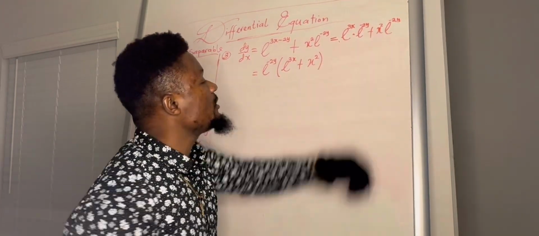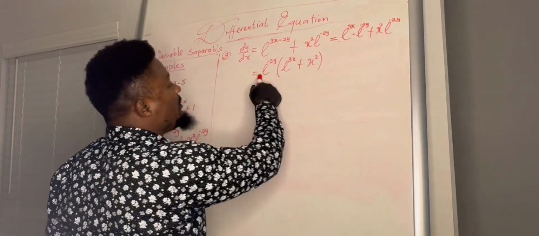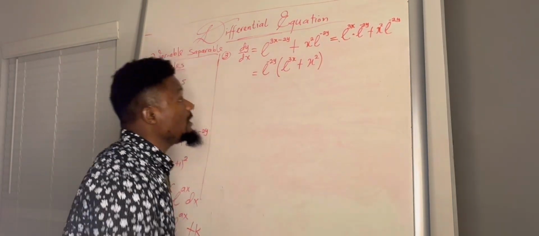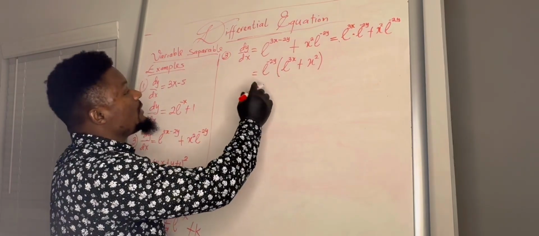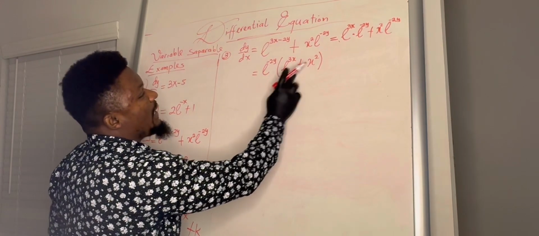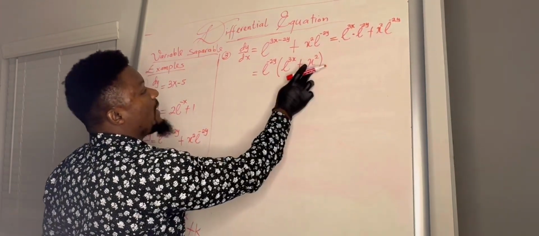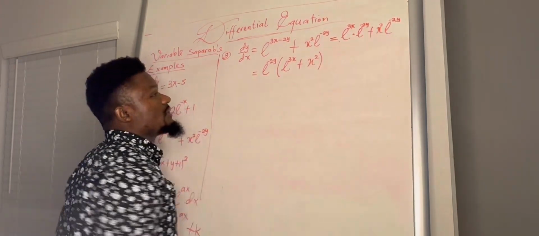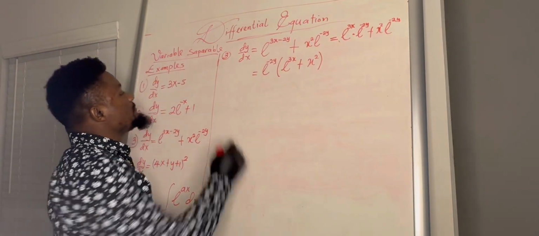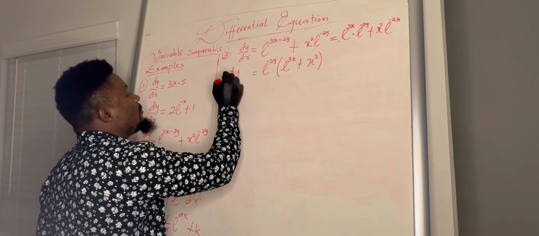Because exponential of negative 2y is being factored out. If I open the parentheses using the distributive property, you're going to see that I multiply out, I'll have this product. If I multiply again like that, I have these ones. So I haven't changed anything. Now let's keep going. This is the dy by dx.